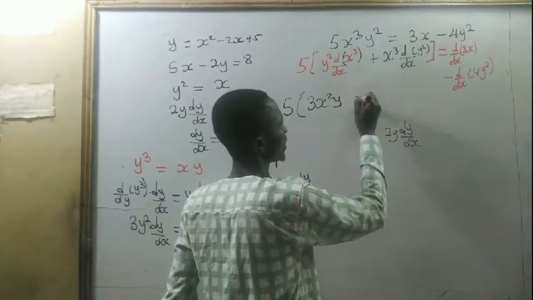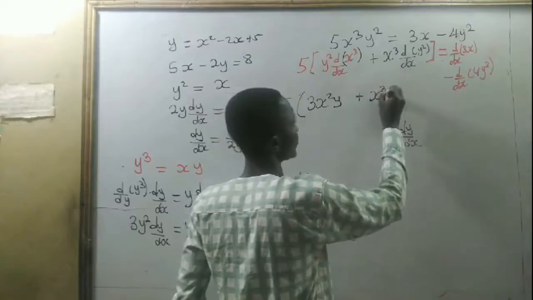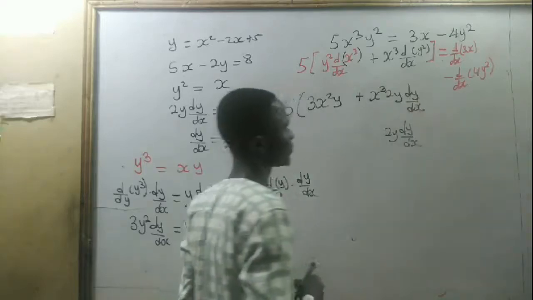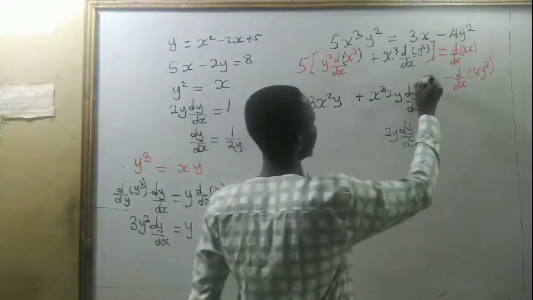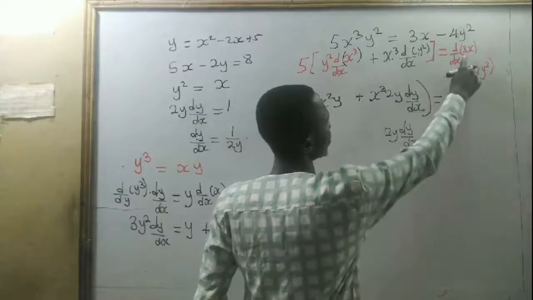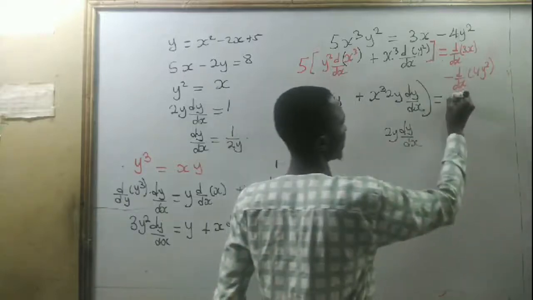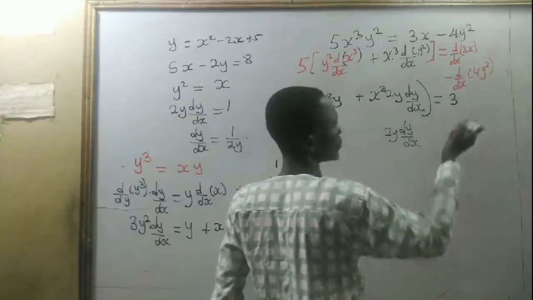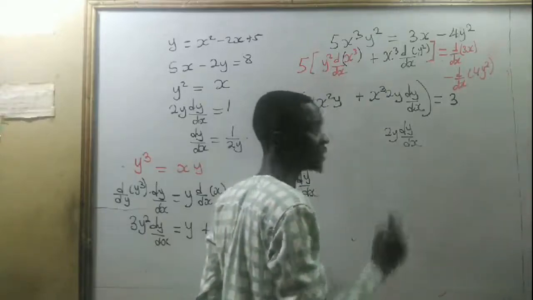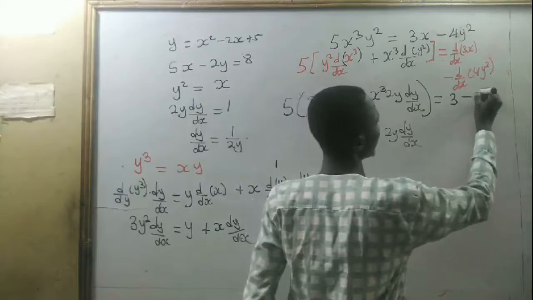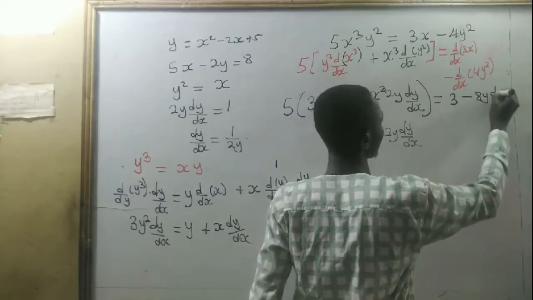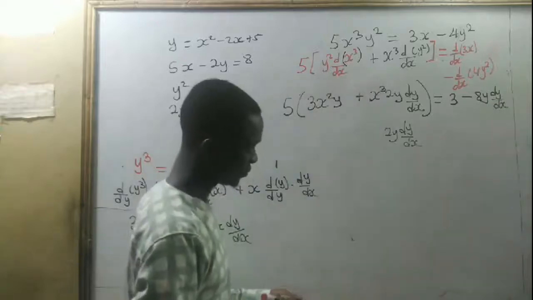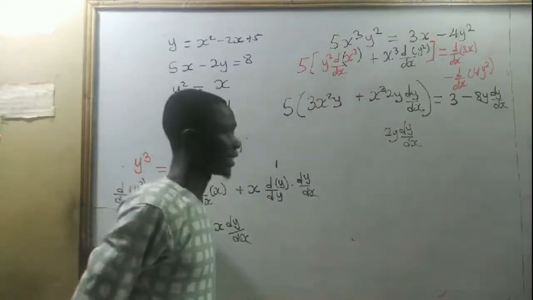So here we are going to get plus x cubed times 2y dy/dx, and we close the bracket. And this is equal to, if we differentiate 3x with respect to x, we get 3. Now if we differentiate 4y squared with respect to x implicitly, we are going to get negative 8y dy/dx. Very simple as that.